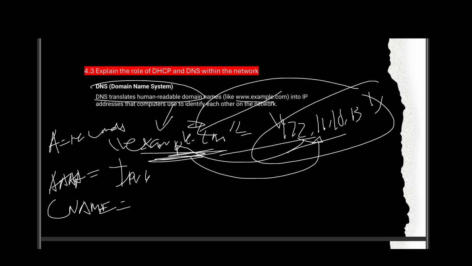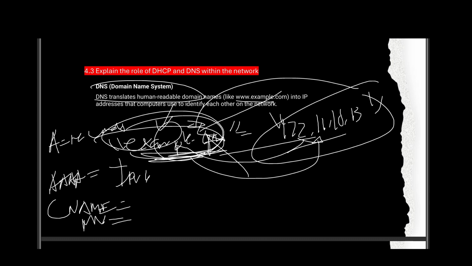Usually, we use it if you have a subdomain, or maybe you changed the naming convention of that server, and you just want to redirect it over to the old domain name.